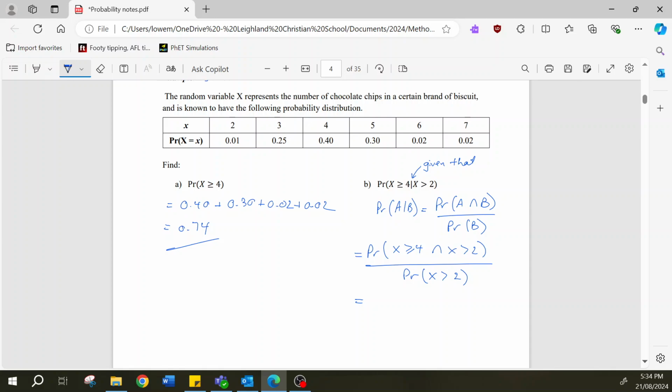So first up, what is the probability that x is greater than or equal to 4 and x is greater than 2? What's the probability that both occur?